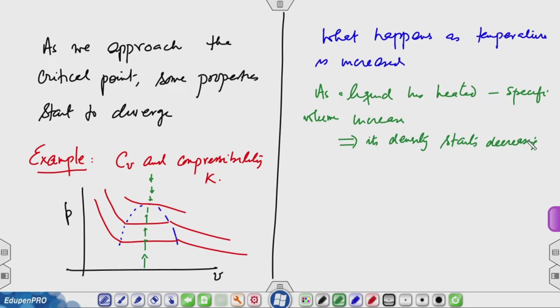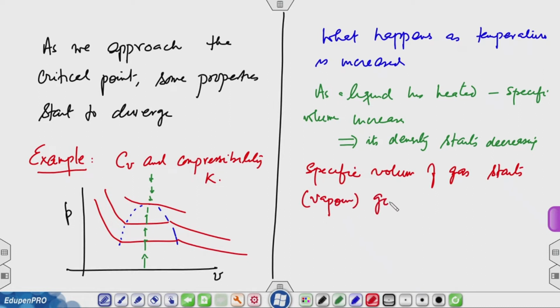And at the same time, the specific volume of gas, well, I should call it vapor, starts going down. This means its density increases.